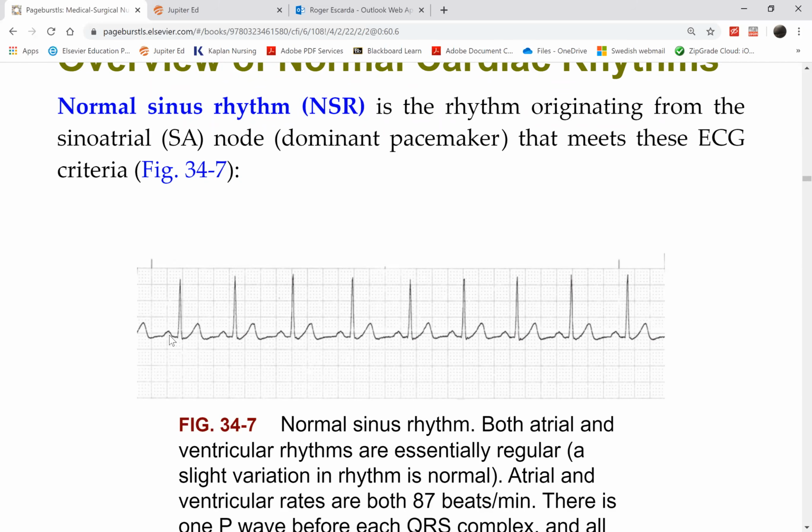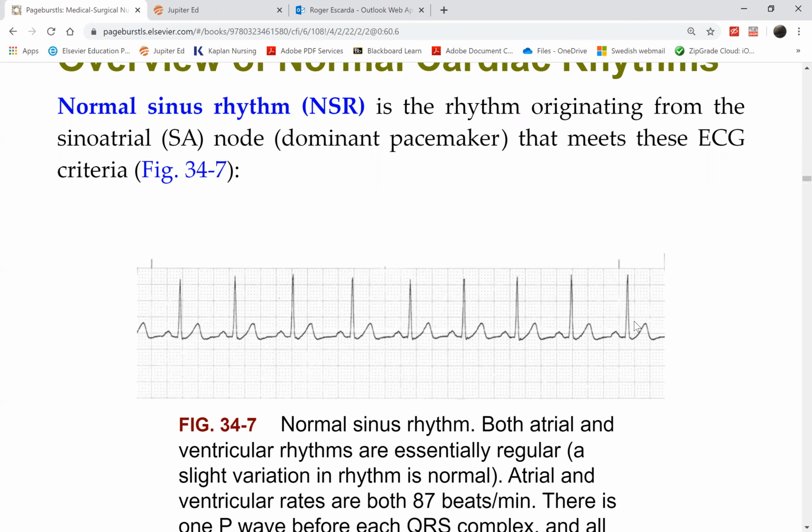So let's begin. Do I count this one? Is it within the 6 second strip? Yes, this P wave is well within this 3 second marker, so I can count this one. Can I count this one? No. Technically, no, because this P wave is within this 3 second marker, so this is only half a heartbeat.